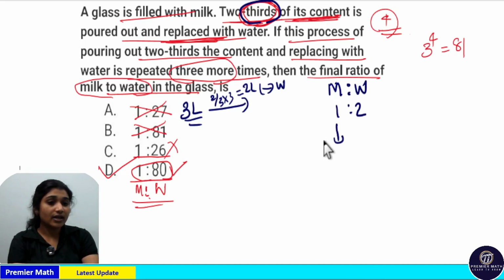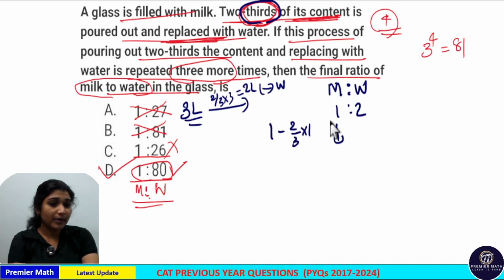Again, you are taking out 2 by third of the mixture, means you are taking out 2 by third of milk and 2 by third of water. So the milk part remaining is 1 minus 2 by 3, which is equal to 1 by 3. Again, you are taking out 2 by third of the water part.